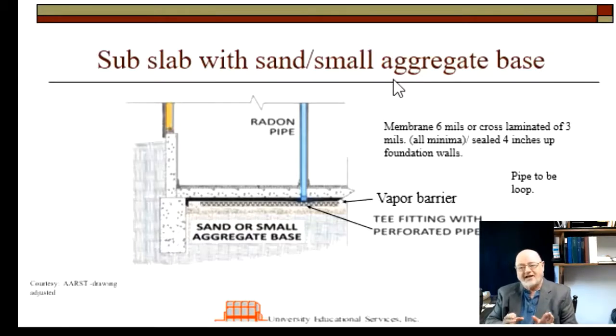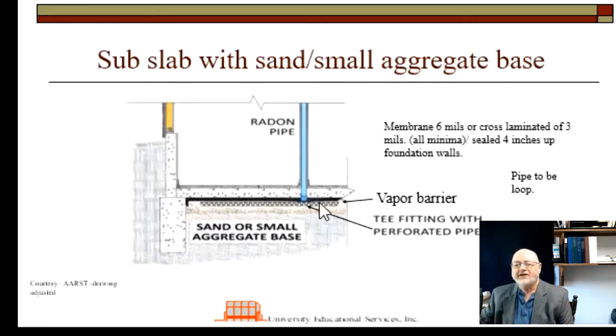And in this case, it's going to be similar to the case with gravel, except for 1 or 2 minor adjustments. And in fact, we use the same picture as we did for the case with gravel. And you'll notice I simply identify the base as sand or small aggregate base, so that's this stuff here.